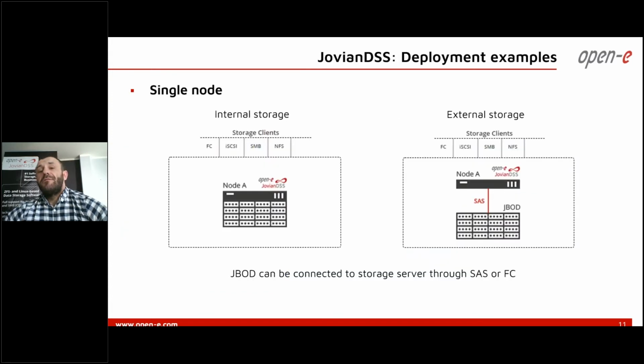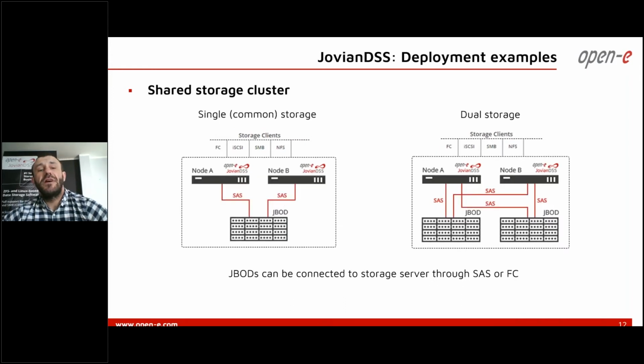And a few deployment examples. The simplest example is a single node, where there is only one node with JovianDSS installed, and disks can be internal storage connected directly to the server, or connected through a SAS interface or Fibre Channel via JBOD to the node. Next one is the first HA cluster, a shared storage cluster.